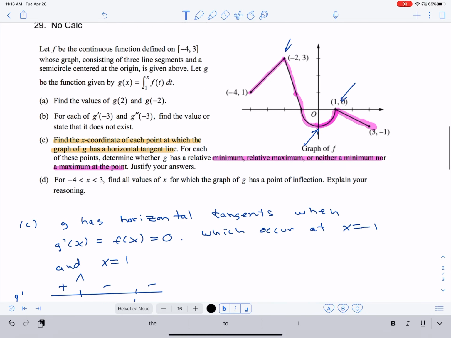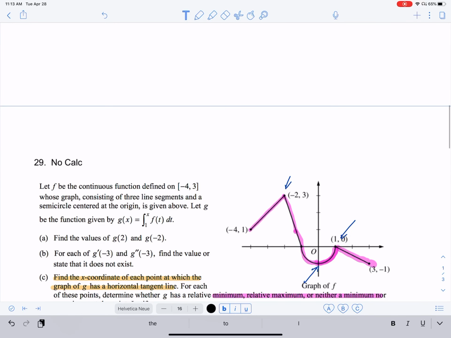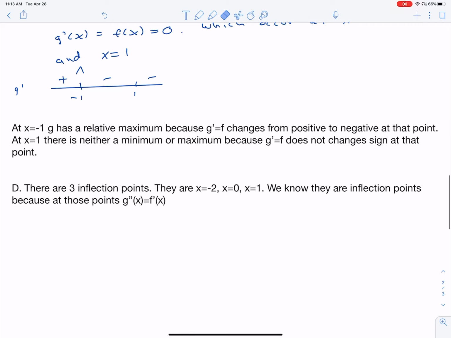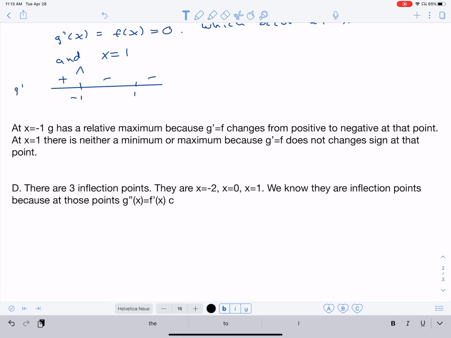If this is the graph of F prime of X, our slope is positive to the left and then it's negative. So it's changing sign because I'm talking about F prime. So we know they are inflection points because at those points, F prime of X changes sign.